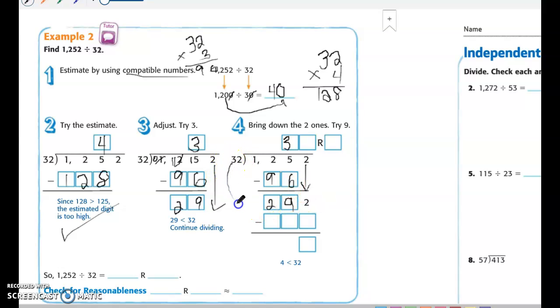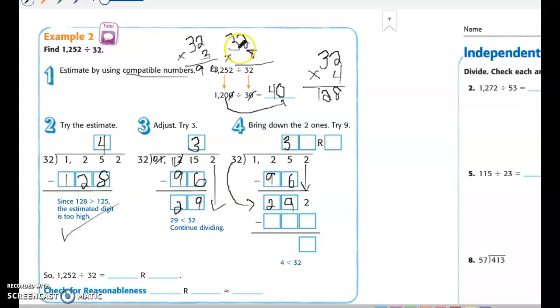So now I have to see how many times 32 can go into 292, and we might have to play with numbers again. Since this was times 4 and it was about 128, let's try times 8. Let's see if that works. 32 times 8. It might not be this number, and we might still have to play with numbers.